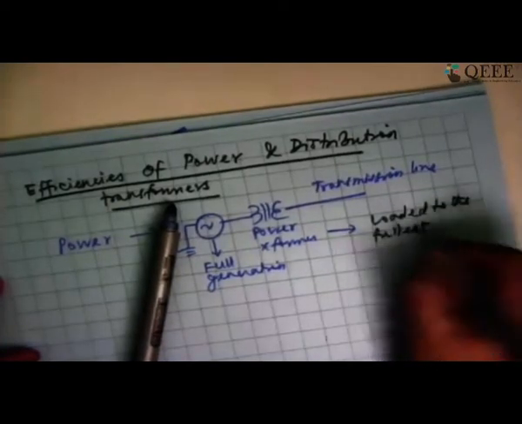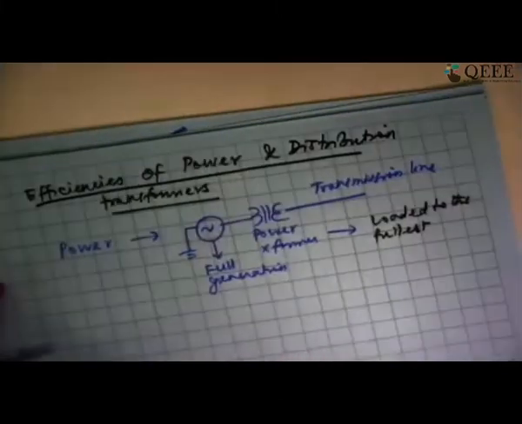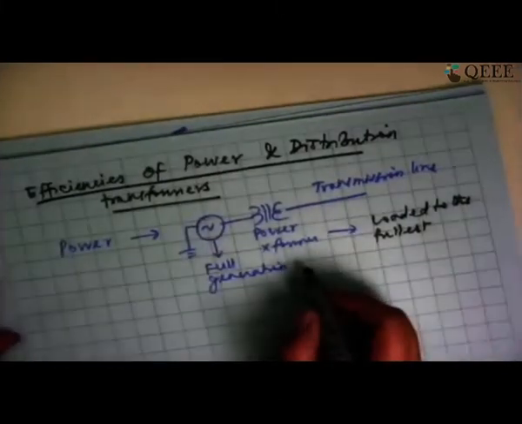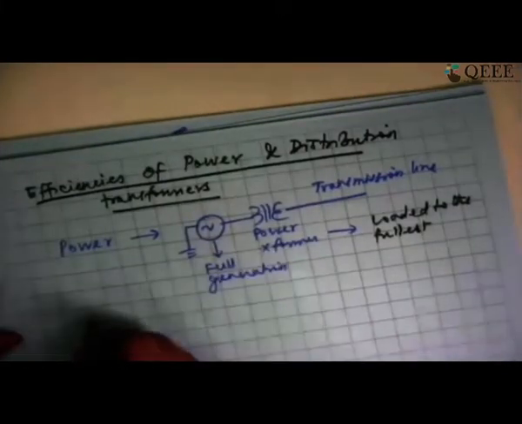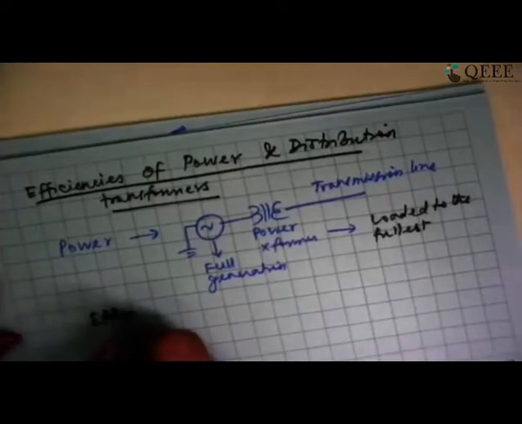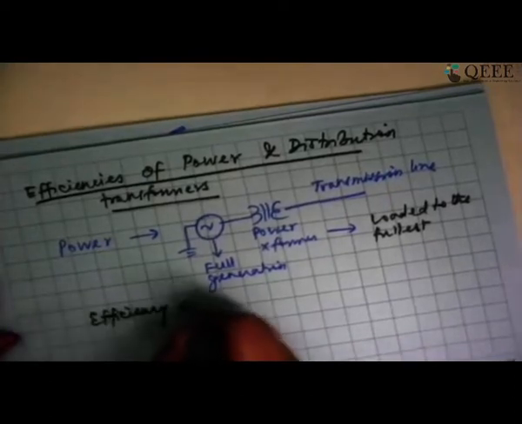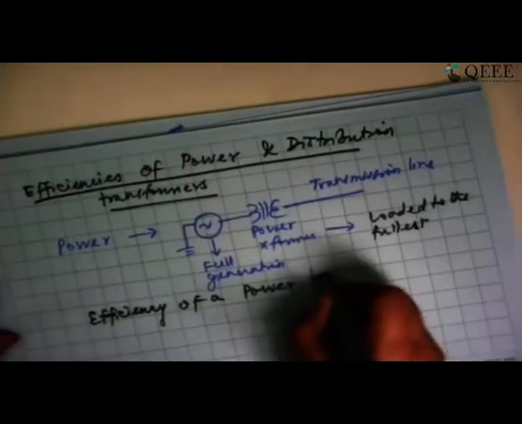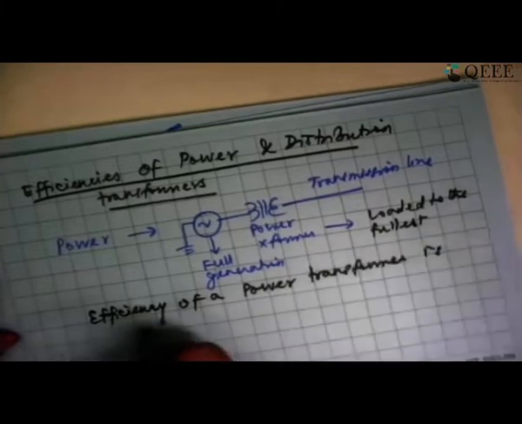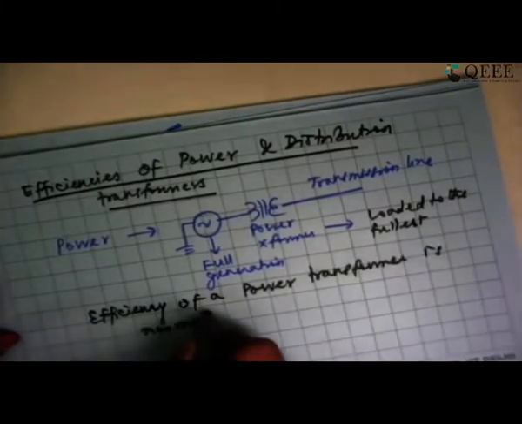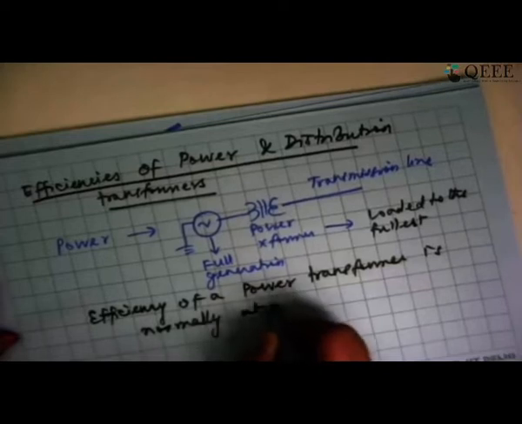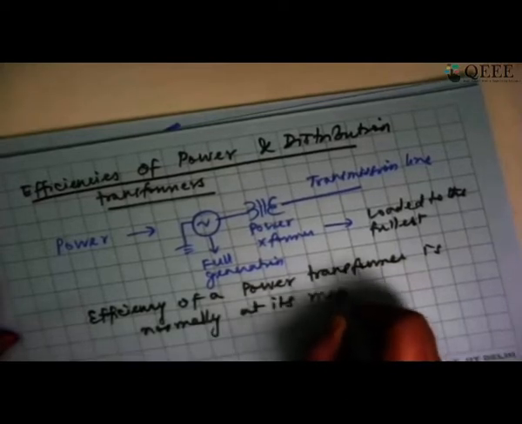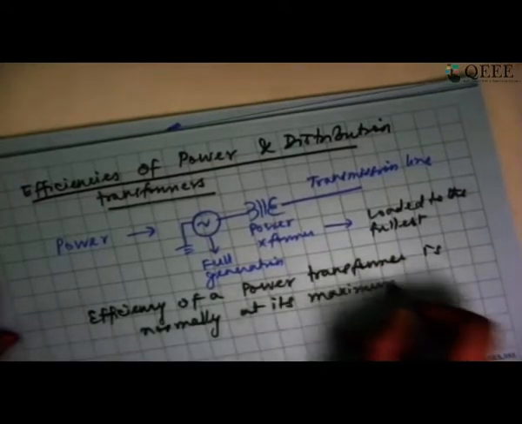Because of which, the efficiency of a power transformer will normally be designed in such a way that it is at its maximum at 100% load, or at full load.